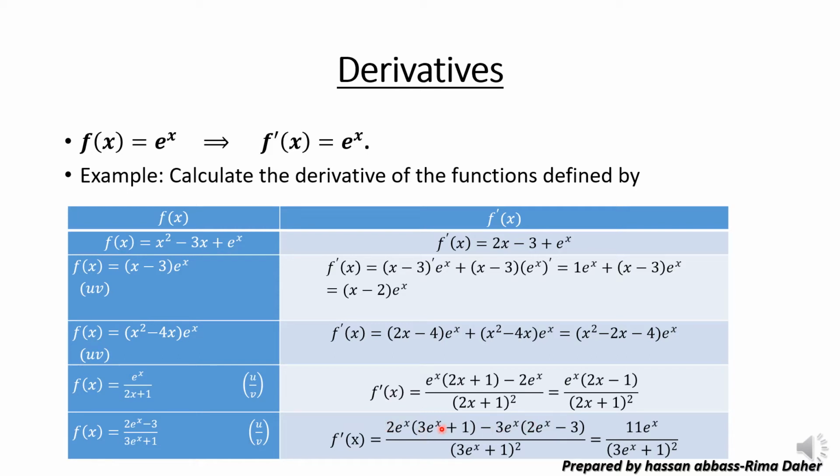Expand and reduce the numerator of f prime of x, we get f prime of x equal 11e^x over 3e^x plus 1 squared.